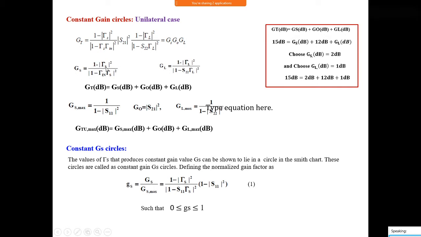GS is 1 minus Γs magnitude squared over 1 minus Γin Γs magnitude squared. Under the matched condition I have taken Γin as S11, but for Γs you keep whatever the needed value is. GS maximum, if you substitute, is 1 by 1 minus S11 magnitude squared, so that goes to the numerator here. Dividing GS by GS maximum, we will get this.